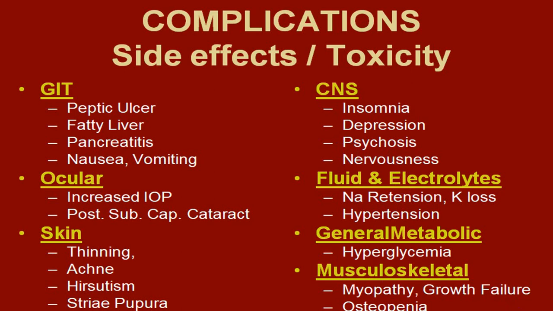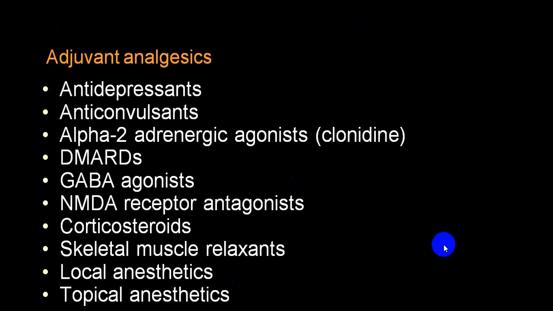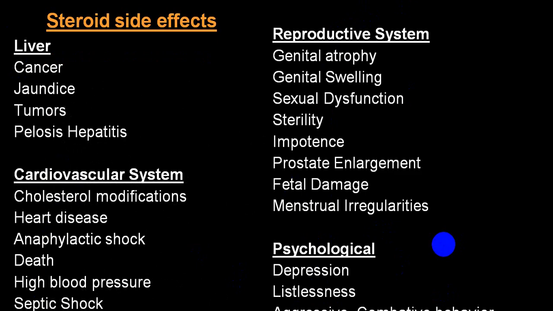Also fluid retention, hypokalemia, hypertension, and in general hyperglycemia. On muscle: myopathy, osteopenia, bone fractures, etc. There are a lot of side effects involving the liver, cardiovascular system, reproductive system, etc. It can also produce what we call Cushing syndrome. So these are all the side effects.